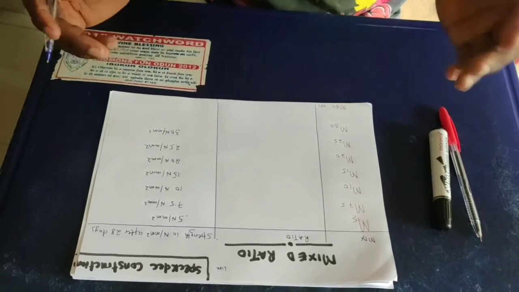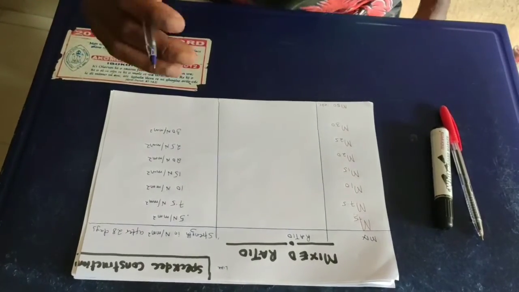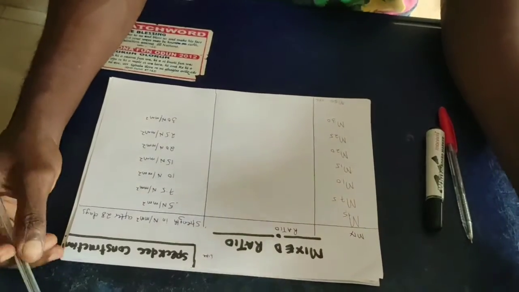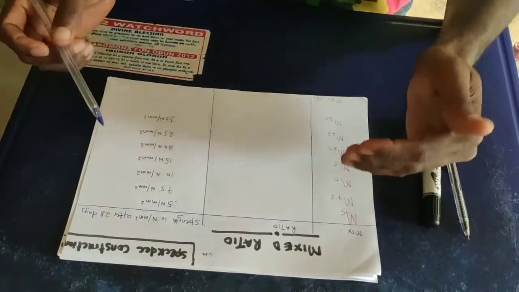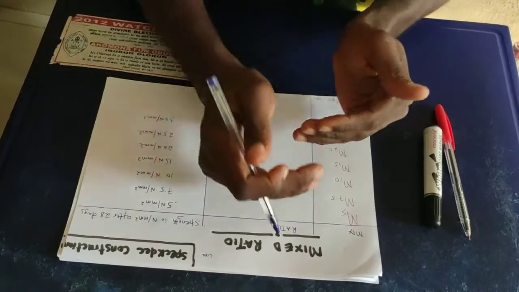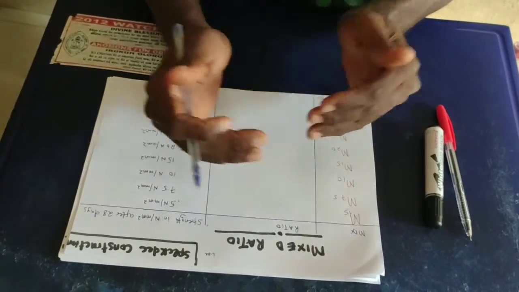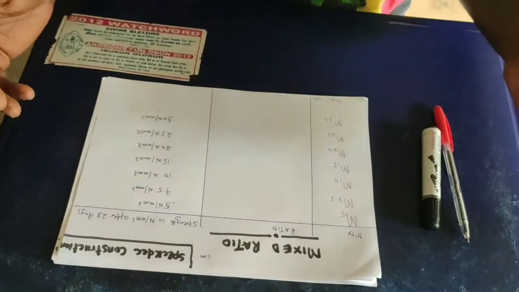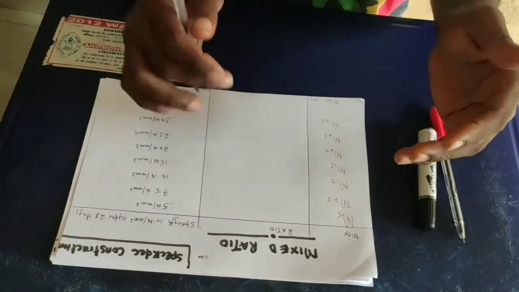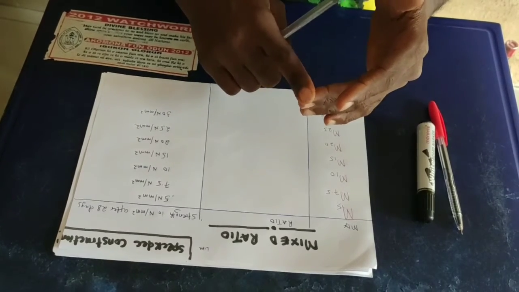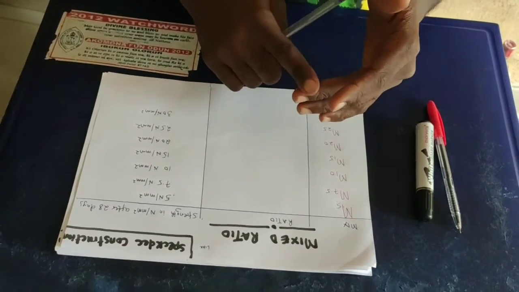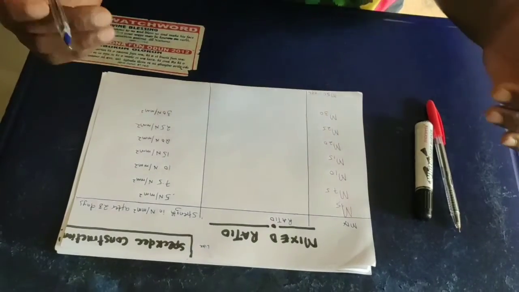Okay, now I'm going to show you a very easy method. I'm going to give you a shortcut with which you can remember the mix ratio, the ratio of all these mixes, because they have ratios with which you mix them together. What are you mixing? You're mixing cement, you're mixing sand, which is also known as fine aggregate, and you're mixing gravel, which is also known as coarse aggregate.